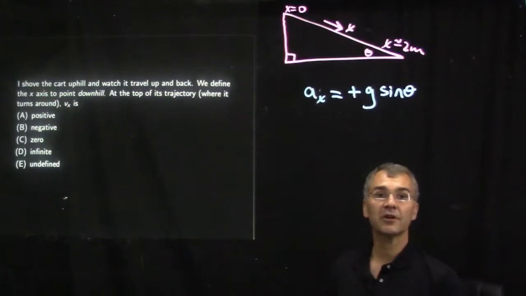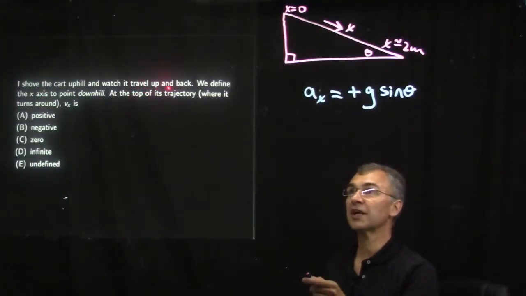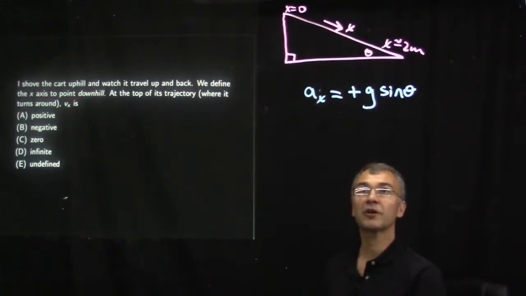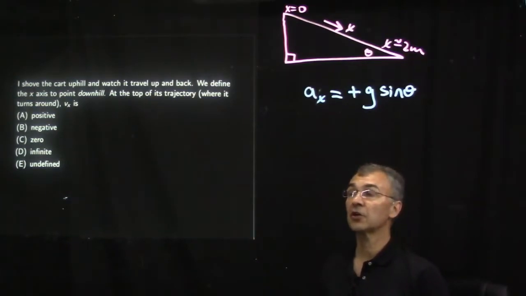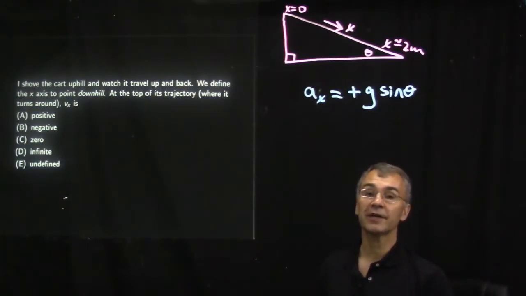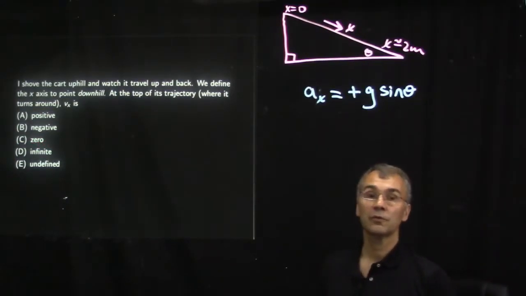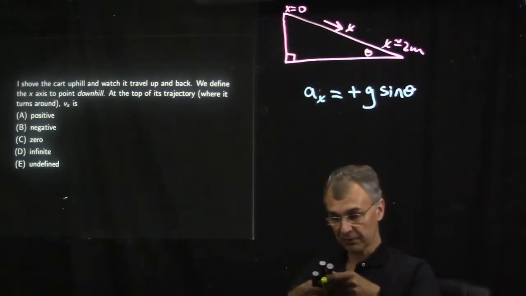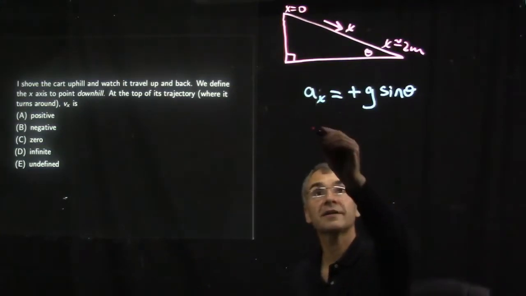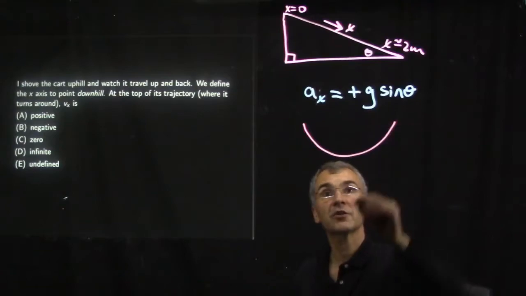I shove the cart uphill and I watch it travel up and back. We define the x-axis to point downhill. At the top of the cart's trajectory, where the cart turns around, what is the value of v sub x? Well, remember we had the x versus t curve look like this.